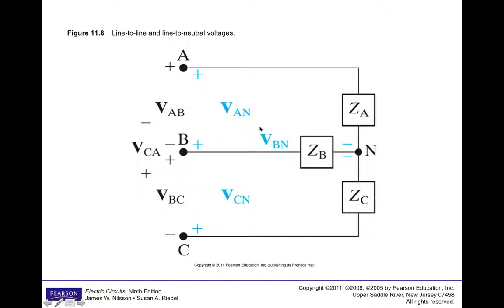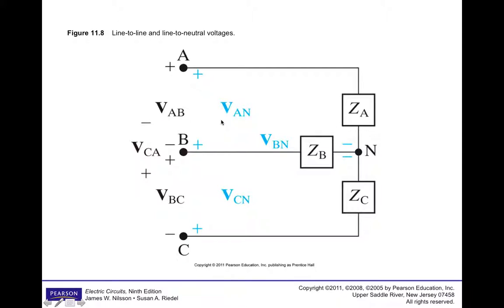First of all, here is what we call the neutral point. The phase voltages in a Y-connected system, so the load here is in a Y-connected system, occur between the phase transmission line, so here's point A, and the neutral.